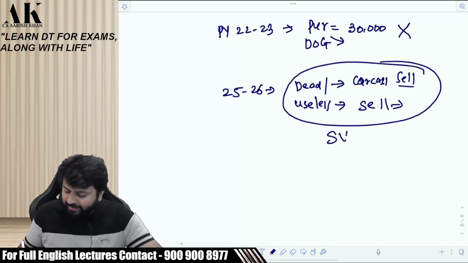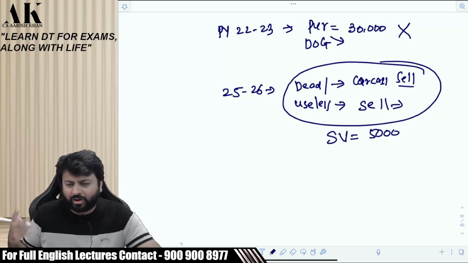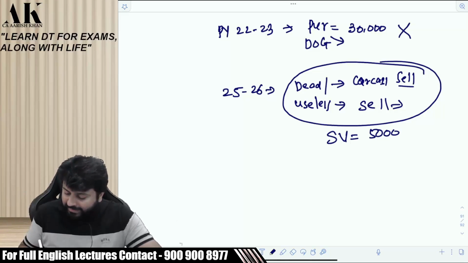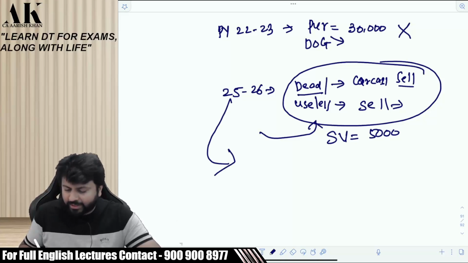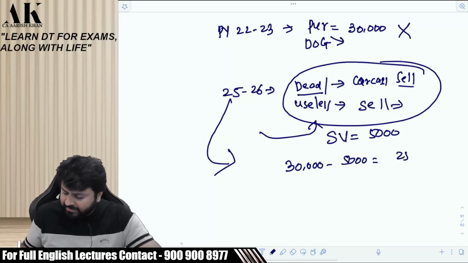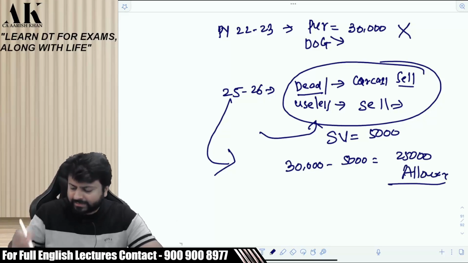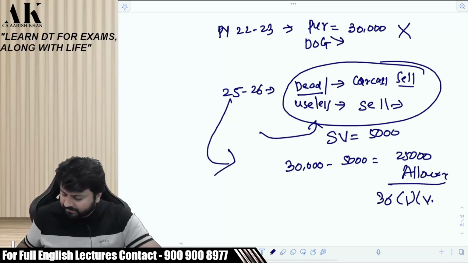Therefore, whatever sale value I will get, say I got 5,000 rupees from the carcasses of that dog or from the sale of that dog, then in the year in which the dog becomes useless or dead, in that year you will get deduction. How much? Whatever cost you have paid minus whatever is the sale value, the differential amount 25,000, is allowed as an allowance to the assessee. You can check the next section 36(1)(vii). See that please.